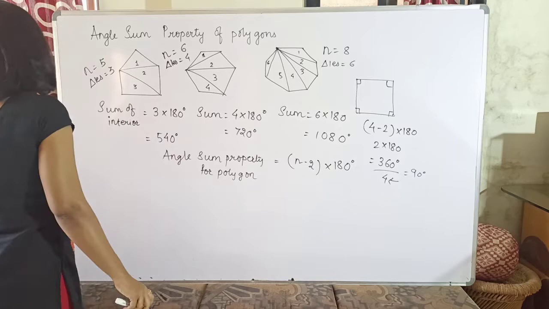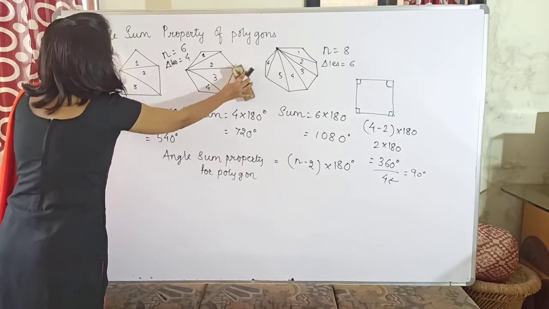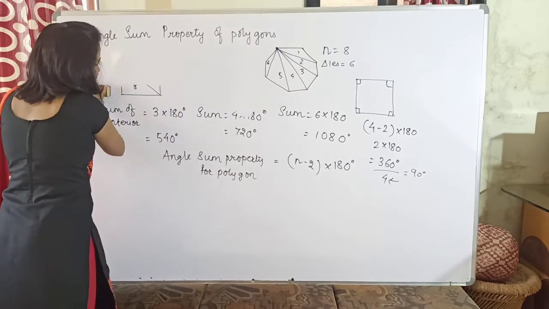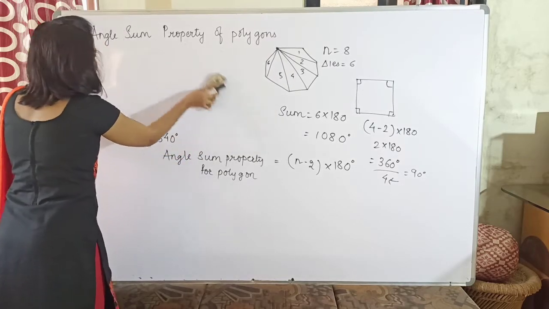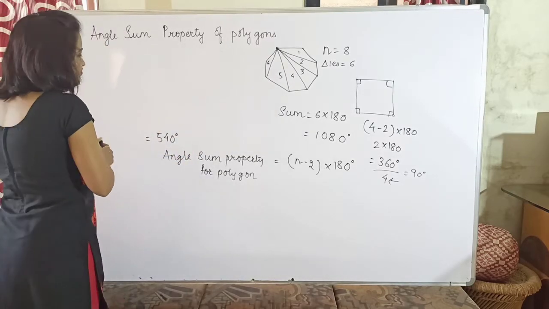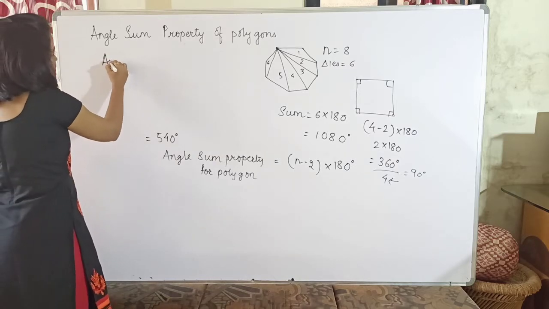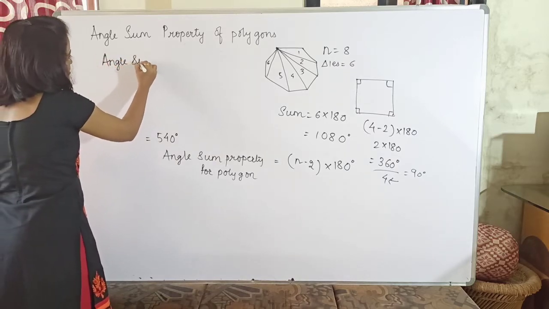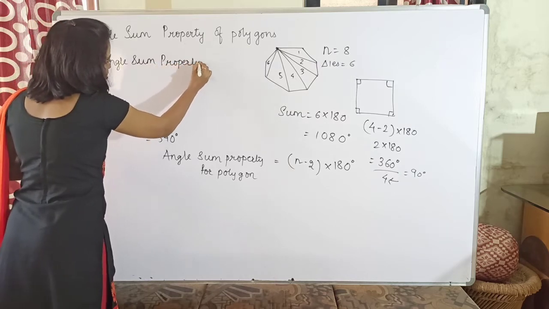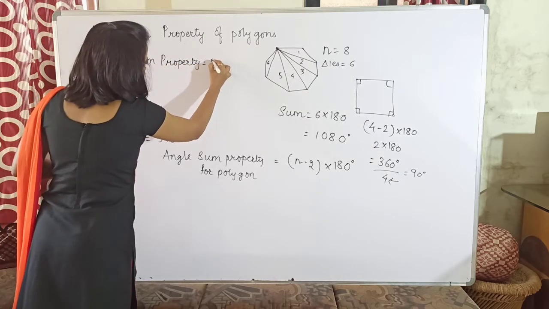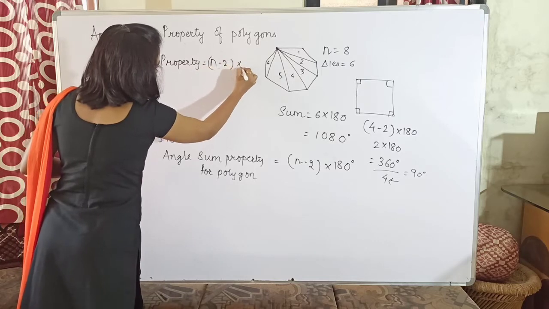Similarly, I can find the value of each interior angle in case of any polygon. The angle sum property of any polygon is given by (n minus 2) into 180.